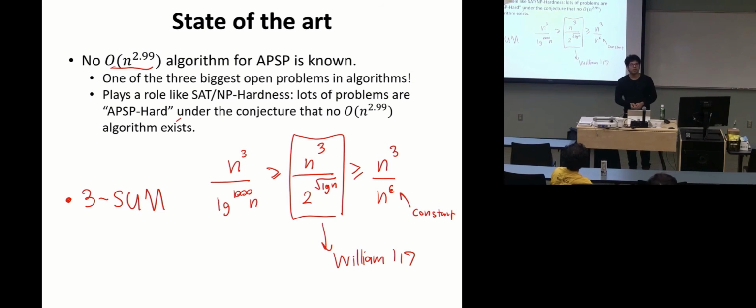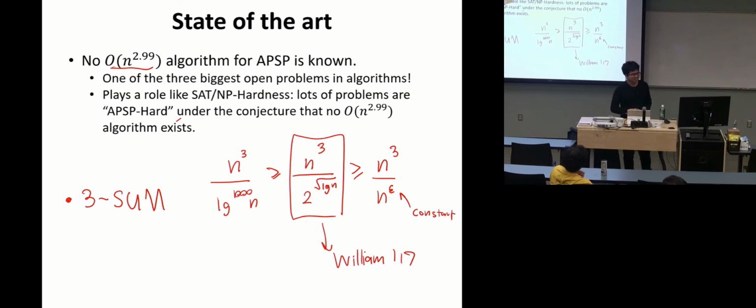Let's say you have n numbers, and what you want to check is whether there are 3 numbers in your set such that when you sum them up, you get 0. That's it. And the best algorithm so far gives you something like n squared. There is some improvement to n squared over log n. No one knows how to improve more than that.